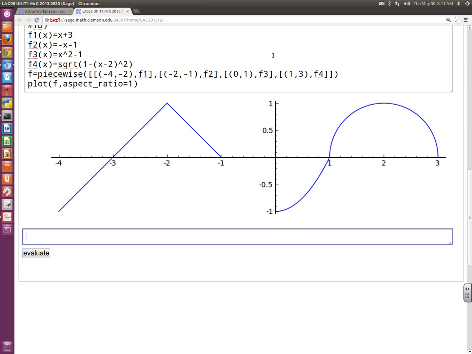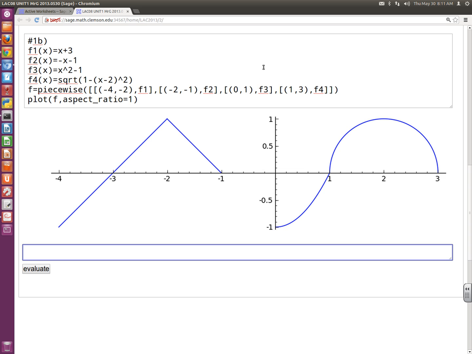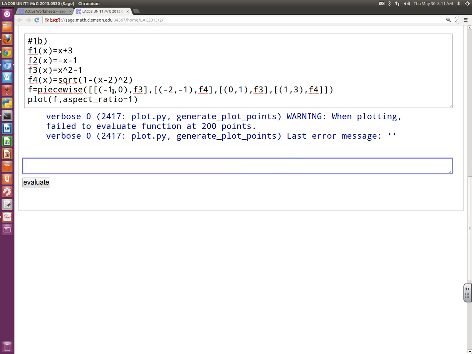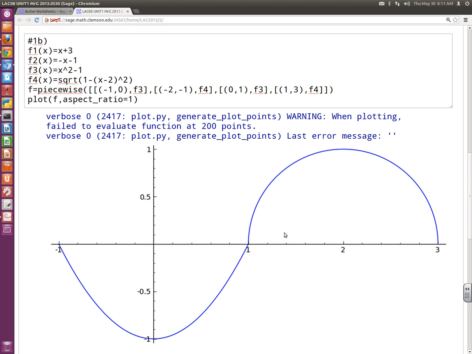Yeah, so what I want to graph is, I still want to graph f3 and f4, but now on different domains. This is f3, right? So I want f3 from -1 to 0. Okay.